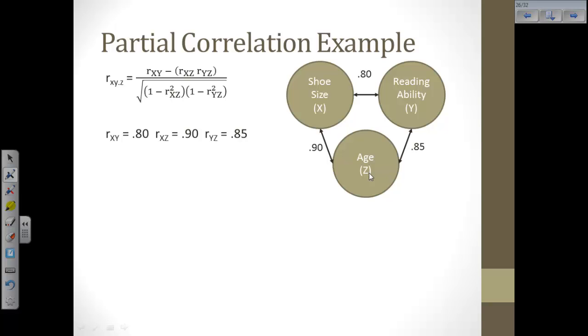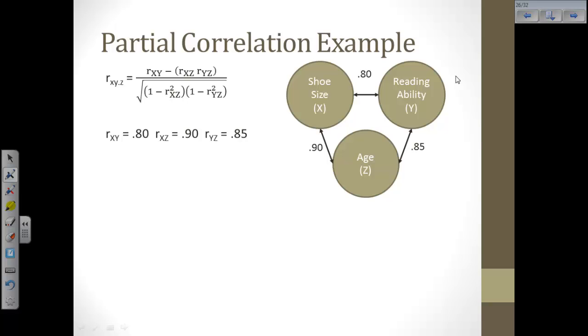Or if it becomes non-significant, so if you look at this and it's not significant anymore, then you can say that z is the entire reason for the observed relationship between x and y. So in other words, if we calculate this and we get something that's substantially below 0.80, then we know that z is probably the reason that we see this relationship.